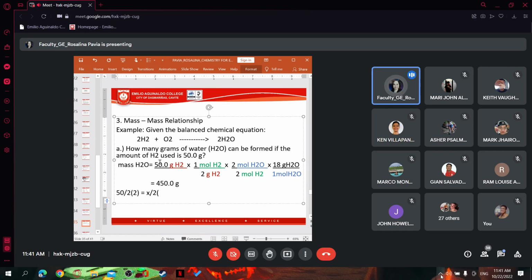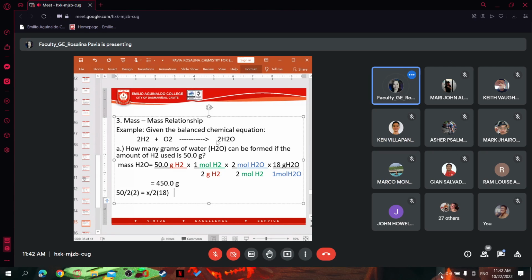Okay po. Then water is also 2, times 18, the molecular mass of water. Say atomic mass only for a single element, but for a compound, say molar mass, molecular mass, or formula mass.